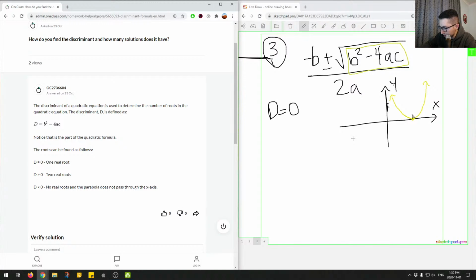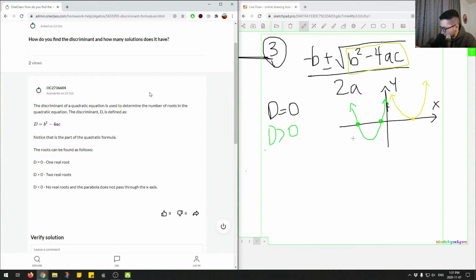In this second situation, let's do this in green. When D is greater than 0, we would have something like this. It could be anywhere as long as it passes through the x-axis twice. We would have two real roots, and we know that the discriminant is greater than 0. And then finally, in the last situation, I'll do this one in red.